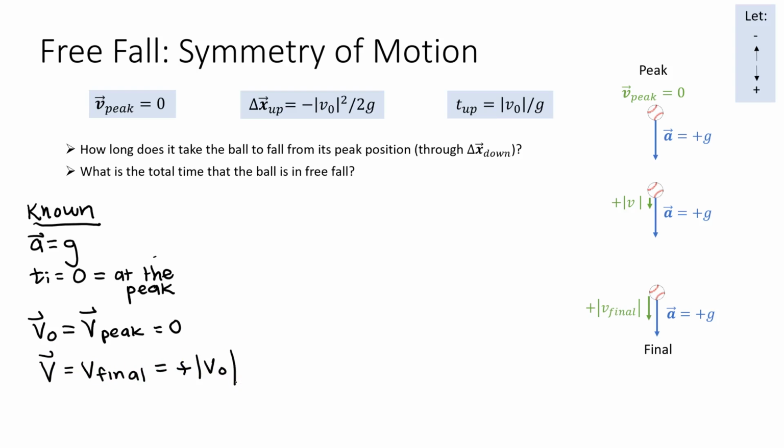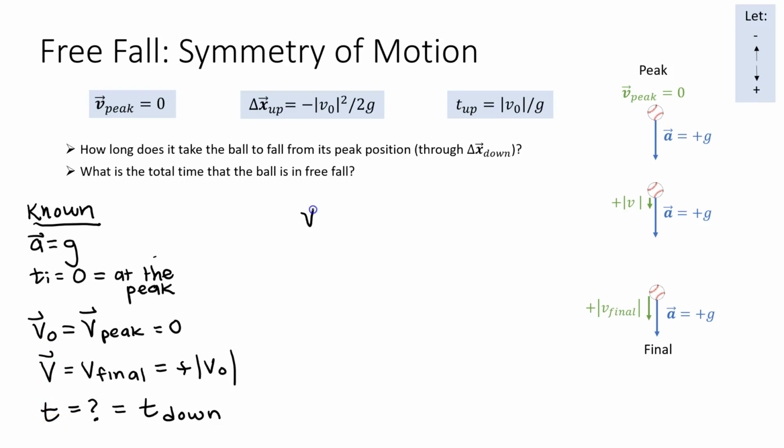And so then I can use these pieces of information to solve for t, which is my final time. That's the thing we're looking for, and I'm going to call it t down. So this is the amount of time to go from the peak back down to my hand. So how do I solve this? Well, if I look at my list of 5 equations, I have a, I have v naught, v, and I'm looking for t.